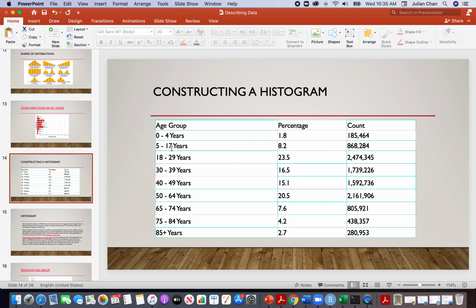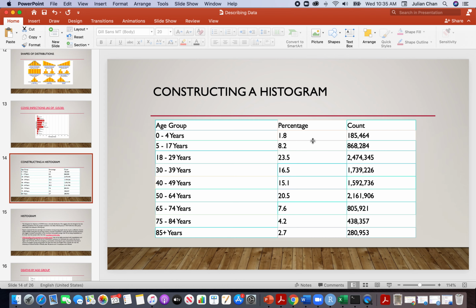We have 5 to 17 years, and so on: 18 to 29, 30 to 39, 40 to 49. The key thing here is that no one is counted in an age group twice. Then we can have the count, and from the count we can form the percentage. You can list the count or the percentage on the histogram.